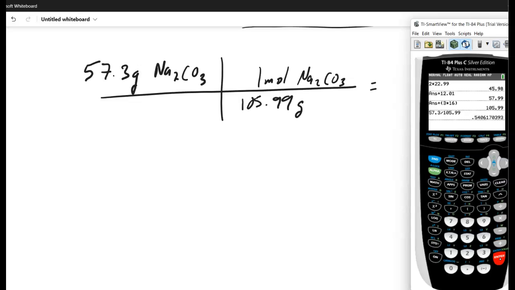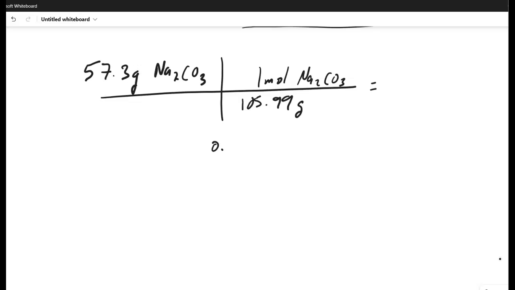I'm going to round that. 0.541 moles of Na2CO3. So they're not that bad to do.